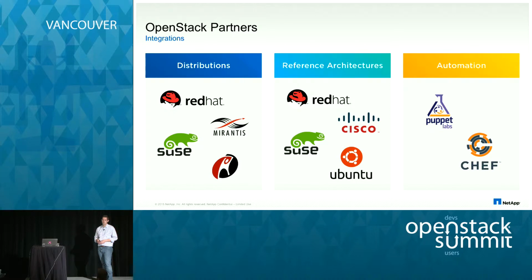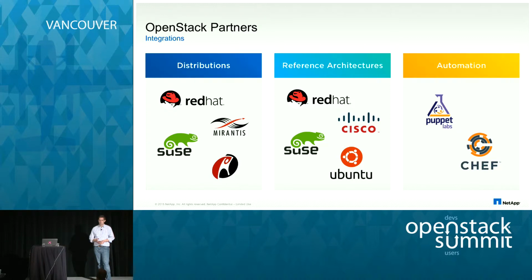So today, if you go to the Puppet Forge site, you can actually find Puppet modules for managing our clustered Data ONTAP systems as well as our 7-Mode systems, in addition to our E-Series platforms as well. All of that's today available for download, and you can start to integrate the automation of those platforms into the same processes that folks are using not only to deploy OpenStack, but frankly to manage their entire data centers.